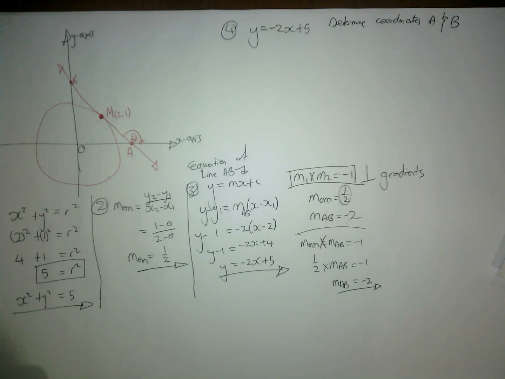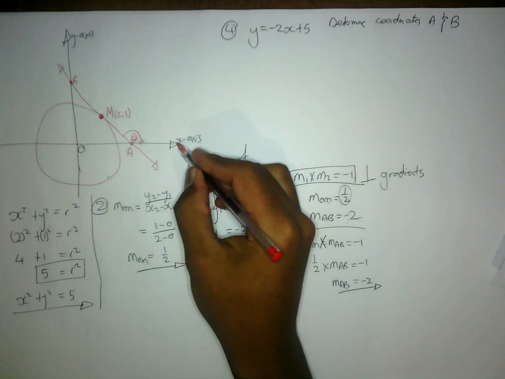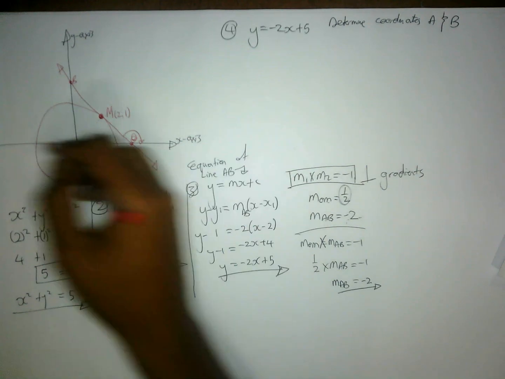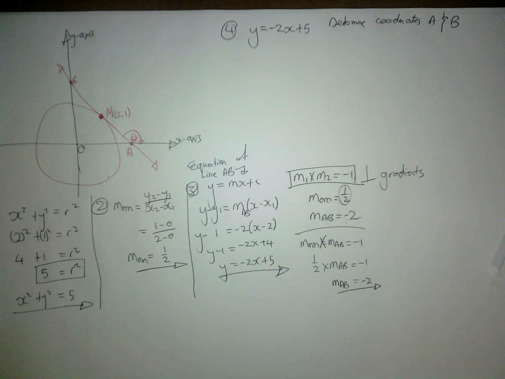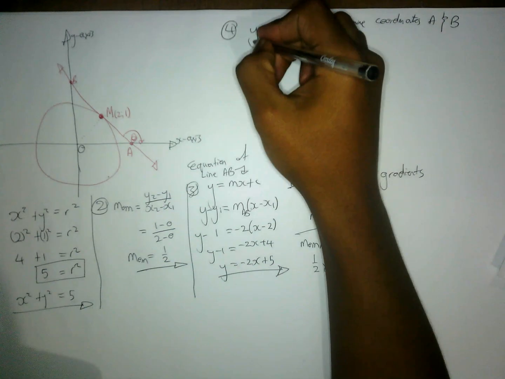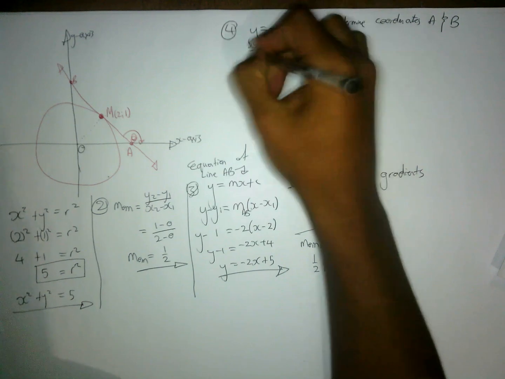We must substitute. Anything on the x-axis, his y coordinate will always be 0, no matter where he sits. So substitute y equal to 0.